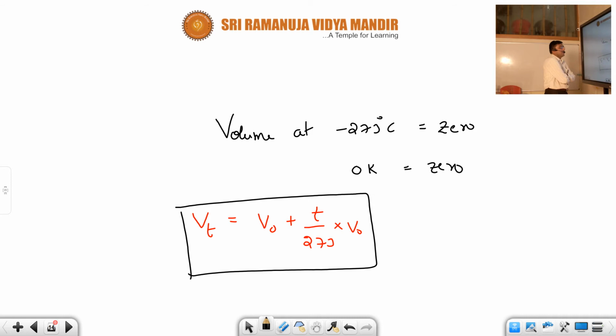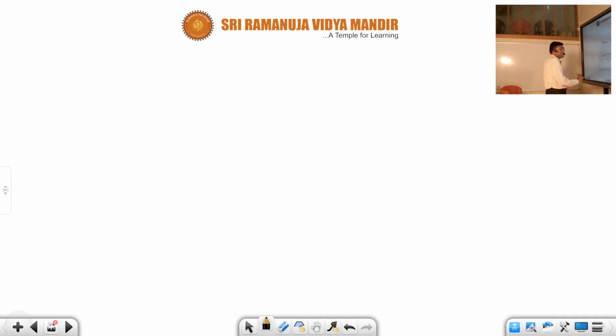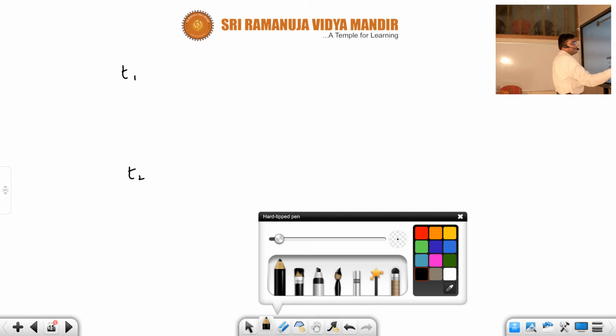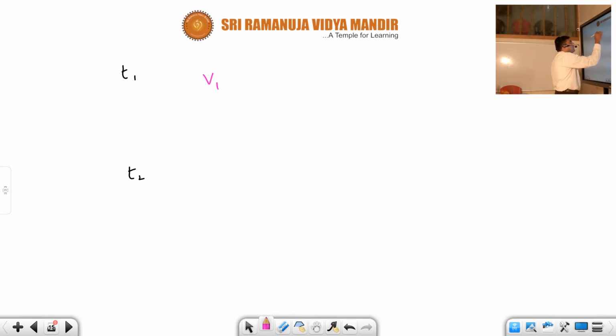Now students, let us take two different conditions, two different temperatures. For temperature T1 and temperature T2, I am writing the volume here. For temperature T1, let us take the volume as V1. V1 is equal to V0 plus T1 by 273 into V0.